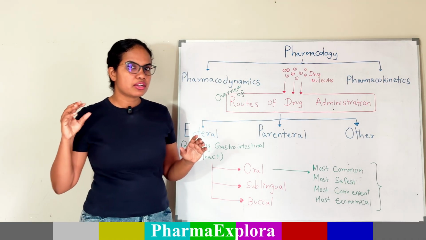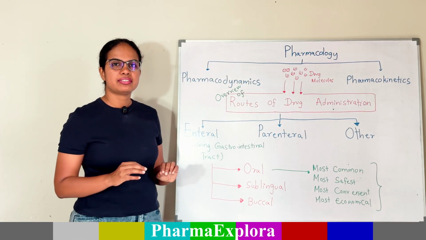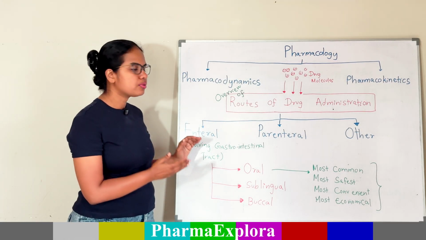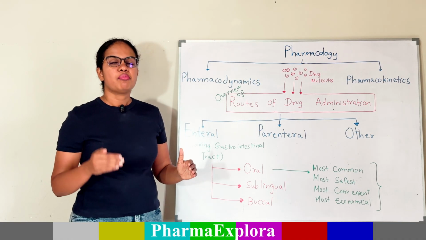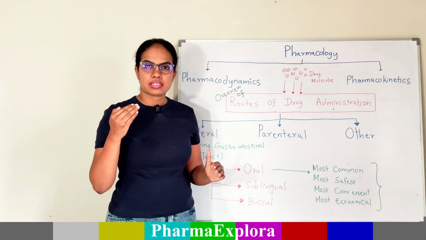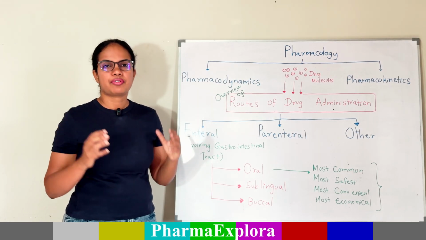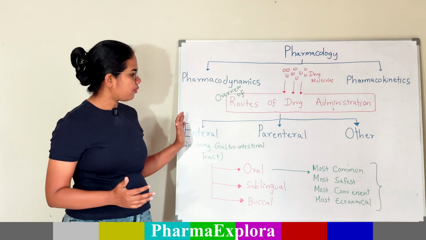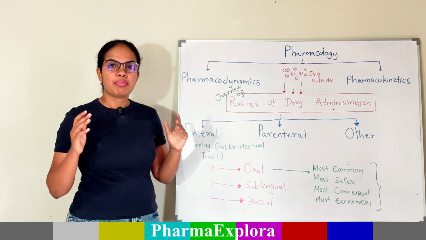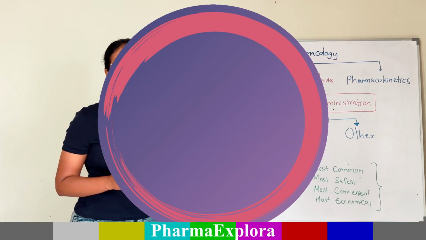Today we are zooming into the oral route of drug administration. This oral route is the most common, most convenient, most economical, as well as the safest route of administration available today. So let's discuss the oral route of drug administration.